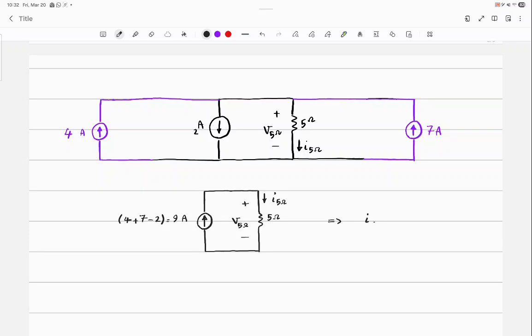What is I5 ohms? 9 amps. And what is V5 ohms? 9 times 5.